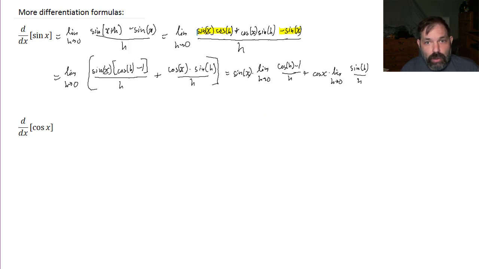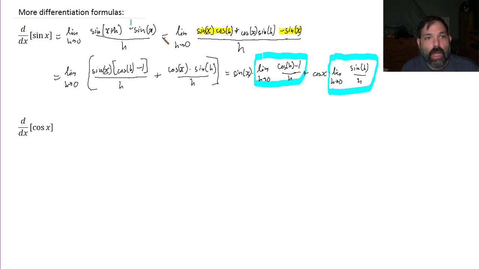The limit with h approaching 0 of cosine h minus 1 over h goes to 0. And the limit with h approaching 0 of sine h over h goes to 1.